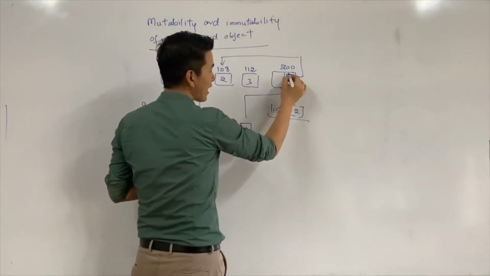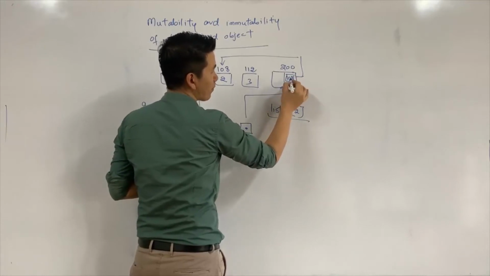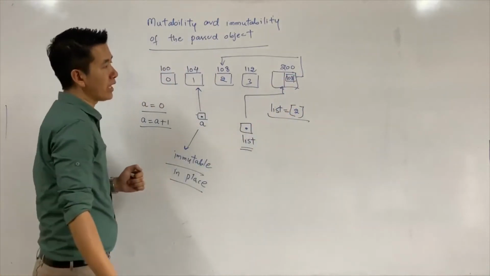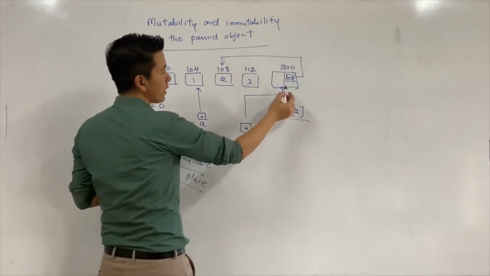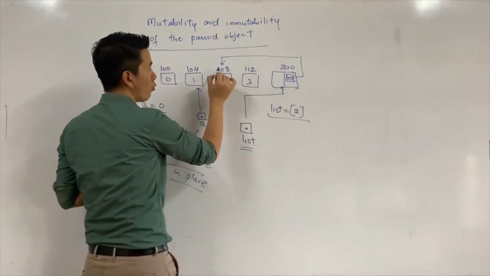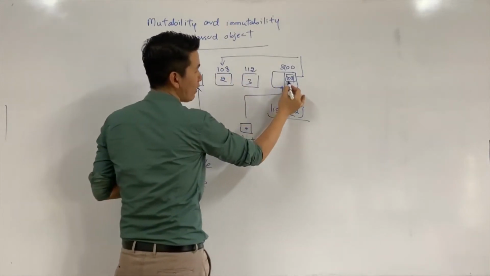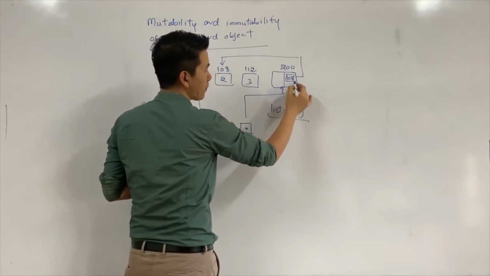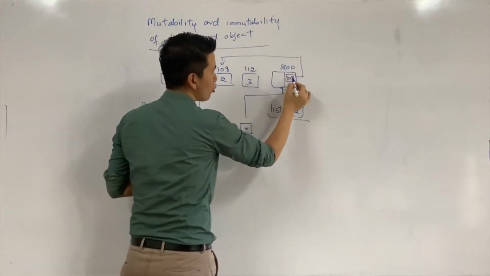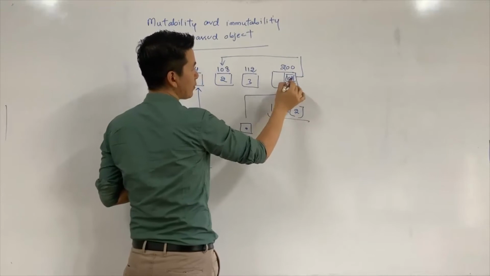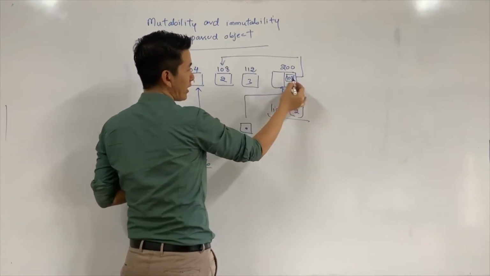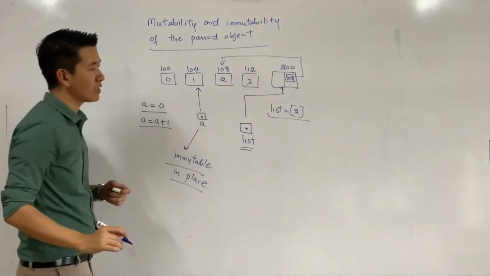So inside this, you will have the address of the integer value of 2. The integer value of 2 is stored in 108. So you will have 108, which means the address of the individual element of the list is 2, and it has the address of 108.